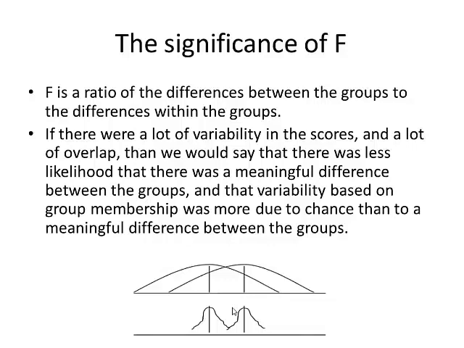Alright, so F is the ratio of the differences between the groups to the differences within the groups, as we said. And the idea is that if there were a lot of variability in the scores and a lot of overlap, as we saw, for example, between the 6th and 7th graders, then we may end up saying that there is less likelihood that there's a meaningful difference between the groups.